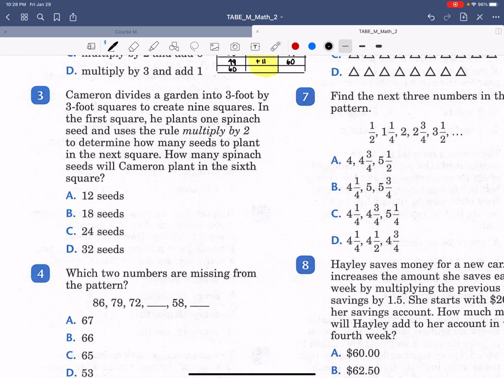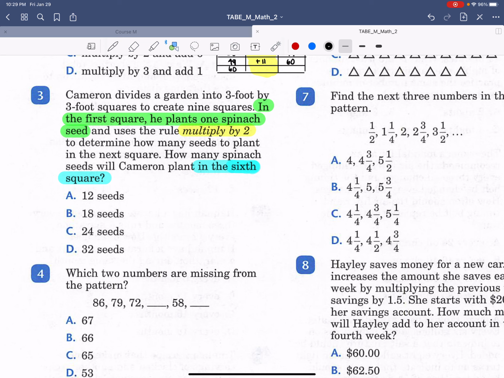So let me highlight for you. We know the rule. It's multiply by 2. They tell me that in the first square, he plants 1 spinach seed. And then they want us to find what goes in the 6th square.